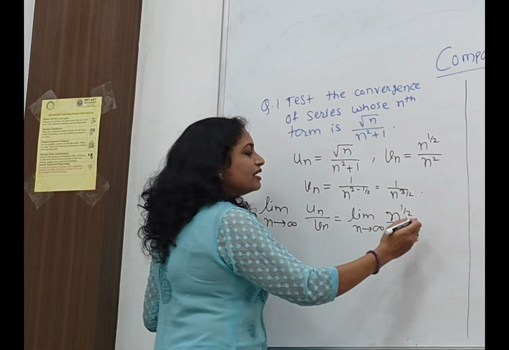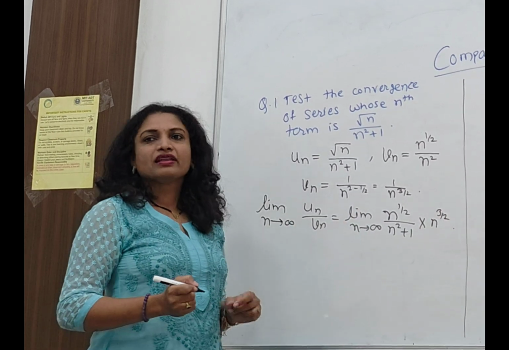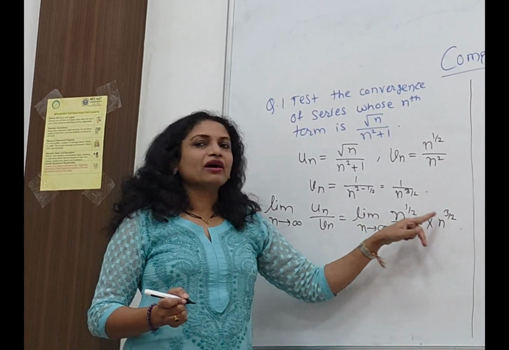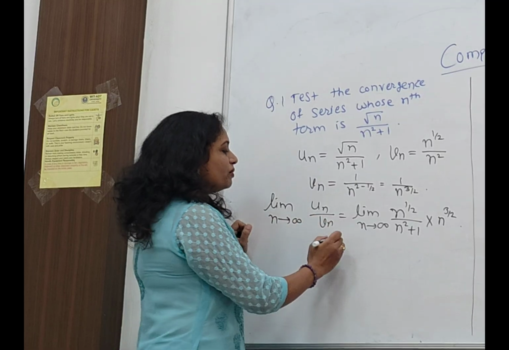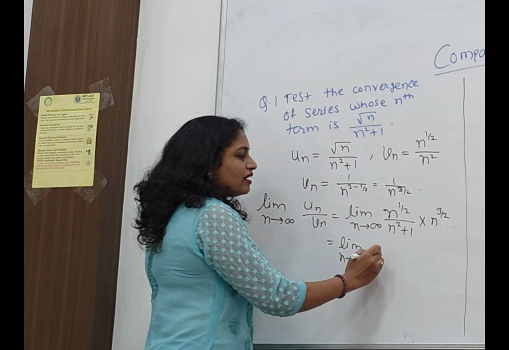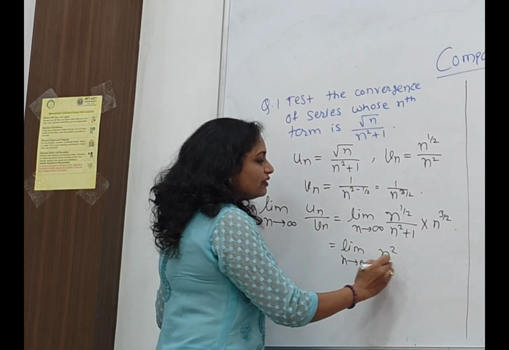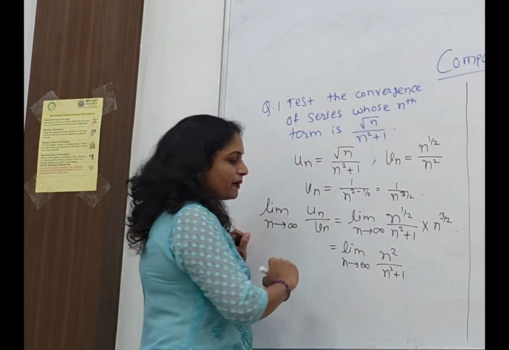That goes into the numerator after taking the reciprocal. Now you can add their powers as the base is the same: 1 by 2 plus 3 by 2, that is 4 by 2, that is n square, so n square upon n square plus 1.